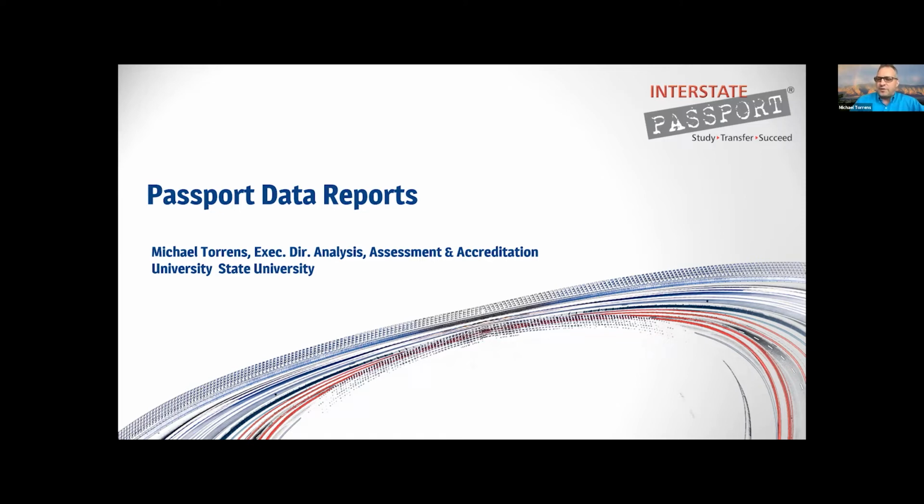I will say up front that I think data reporting has been one of the challenges for the Passport project. It's really about how quickly we can get up to speed with doing the reporting. I wanted to talk, next slide, about the critical role that's played.